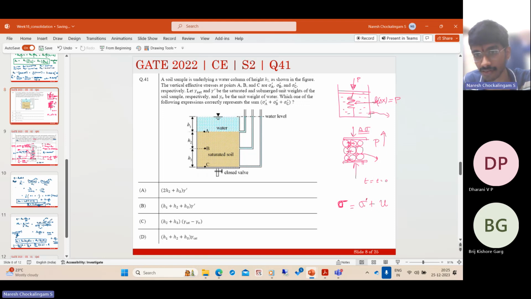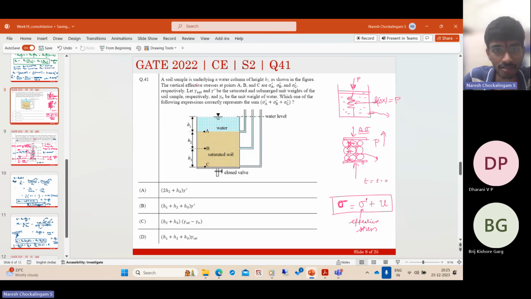The effective stress correlates with the soil properties such as void ratio and other things. So when you apply a total force, at any instant, a part of it is taken by the soil skeleton, which is called the effective stress, and the rest is taken by the pore water pressure.